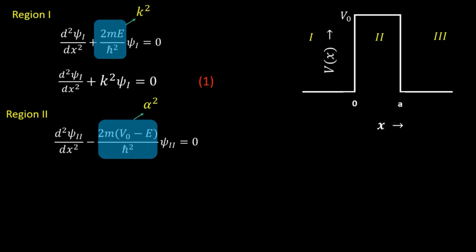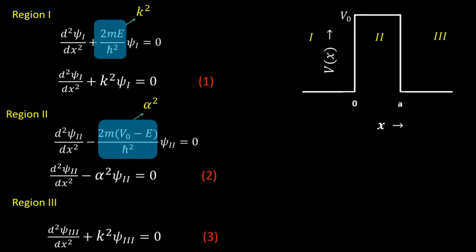Then we can write this Schrodinger equation as d square psi 2 by dx square minus alpha square psi 2 equal to 0. In region 3, again there is no potential, and hence the Schrodinger equation looks similar to that in region 1, that is d square psi 3 by dx square plus k square psi 3 equal to 0.